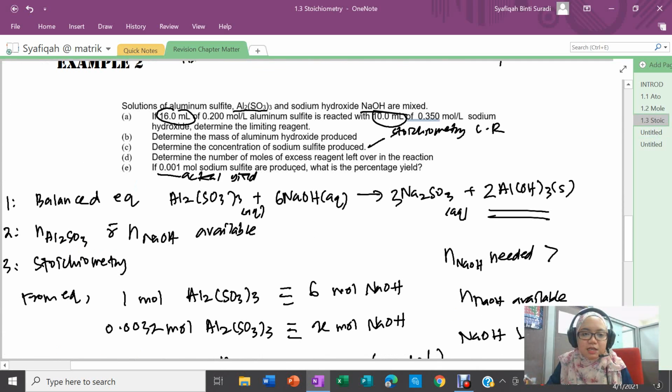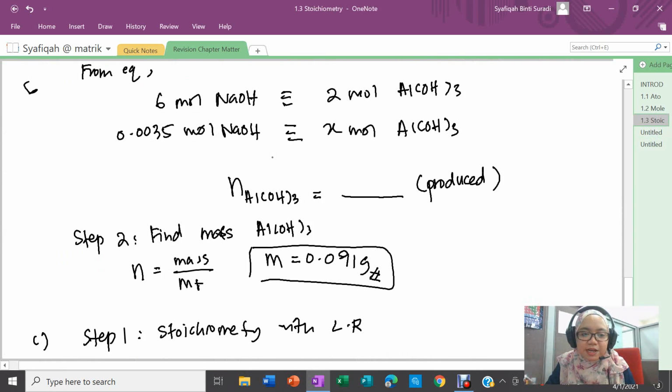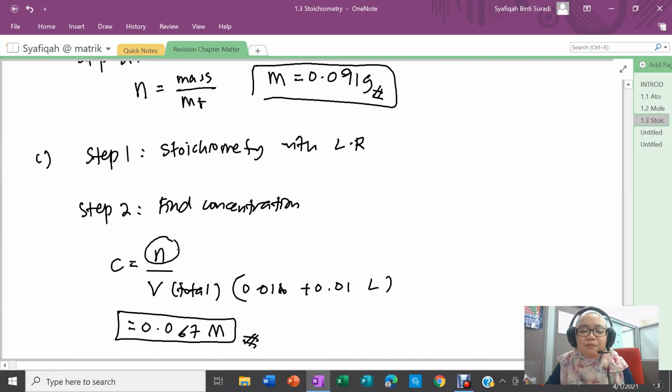Okay, soalan C tadi ni. Tadi kan kita dah cari concentration of sodium kan? Nak cari concentration of sodium tu kita kena dapatkan mole tadi kan? Dah dapat mole tadi kan? So, ni adalah teori. So, adalah mole teori. Tadi dalam soalan E dah bagi mole actual. So, bahagikan dia times dengan 100%, dapatlah percentage yield.